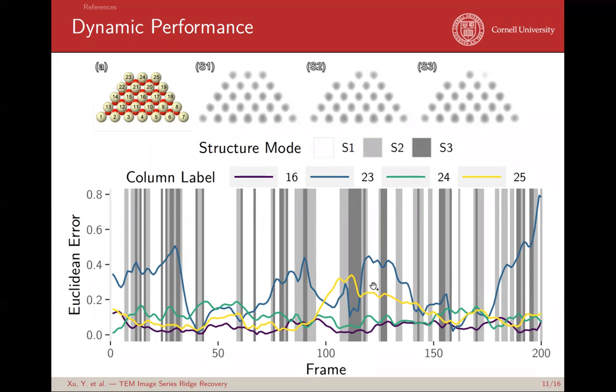It is worth addressing that the unit is pixel, and since the images are naturally discretized into pixel grids, the overall perturbation ranges of Euclidean deviations for either the center column 16 or the surface columns 23 and 25 are all satisfactorily below 1 unit of Euclidean distance.